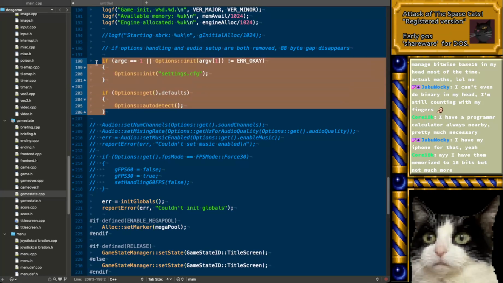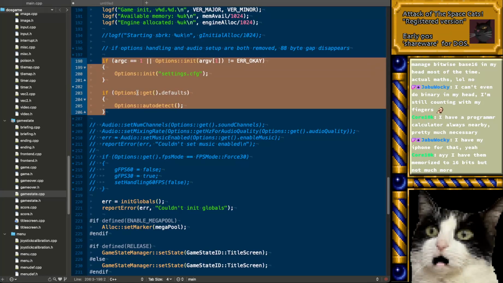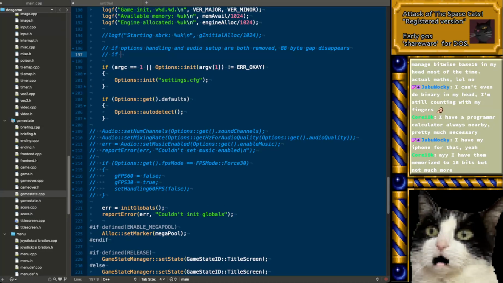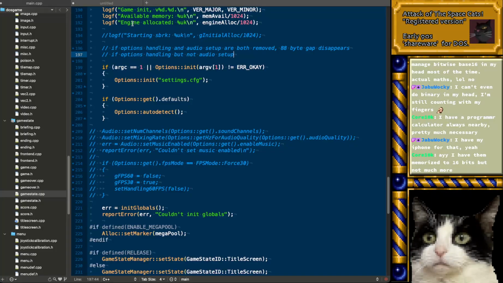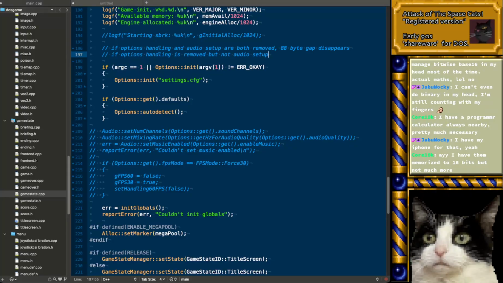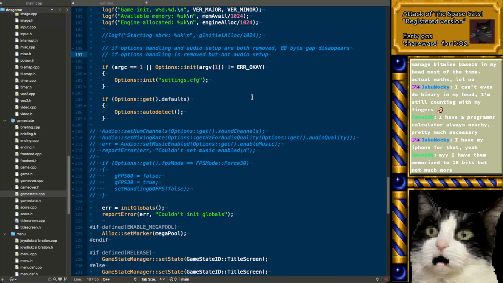So it's you. Except that I'm fairly sure. I'll write this down due to confusion earlier. If options handling, but not audio setup. That's a terrible sentence. If options handling is removed, but not audio setup, that is exactly the wrong way around.